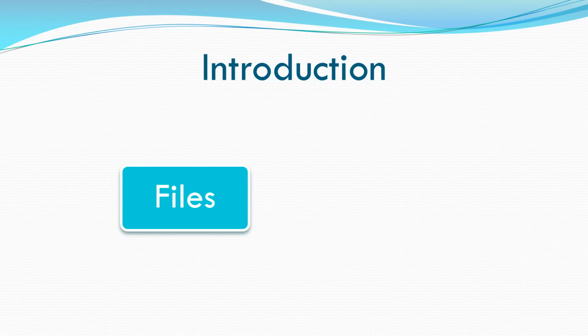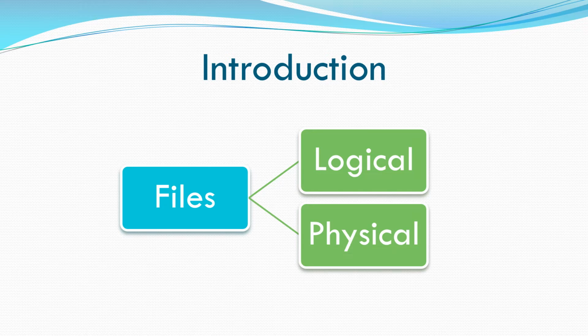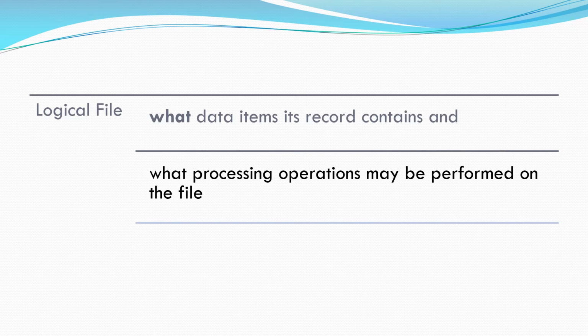These files can be viewed as of two types, such as logical files and physical files. A logical file is a file viewed in terms of what data items its record contains and what processing operations may be performed on the file.